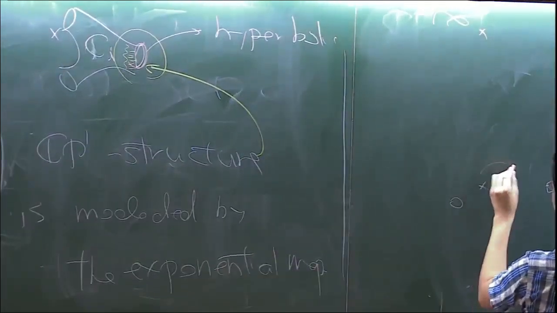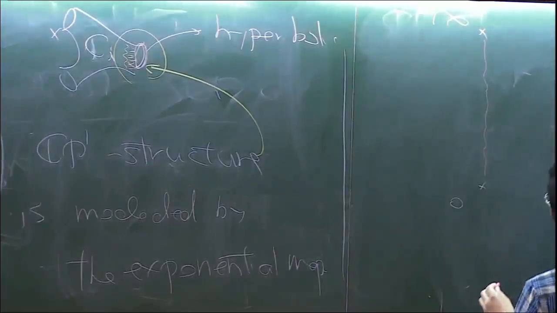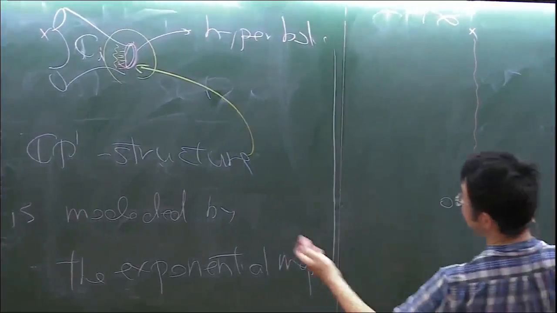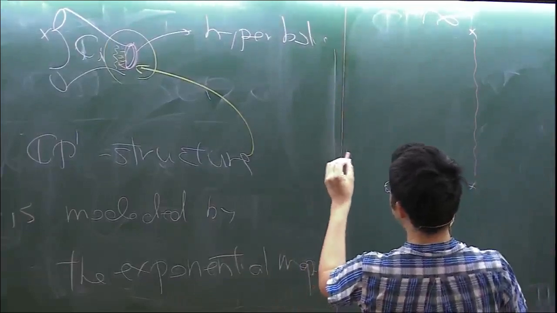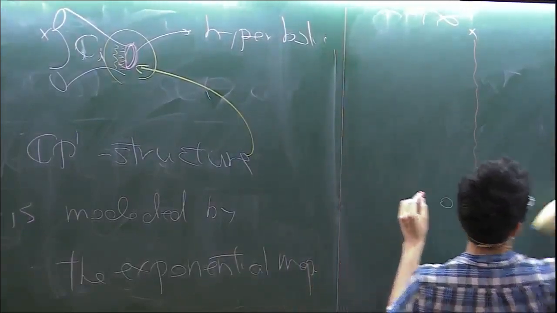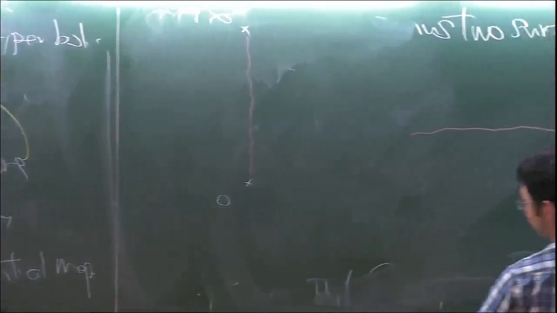In general it can look like that, but for simplicity, let's just draw it straight. On the fundamental domain, the developing map is given by the exponential map.